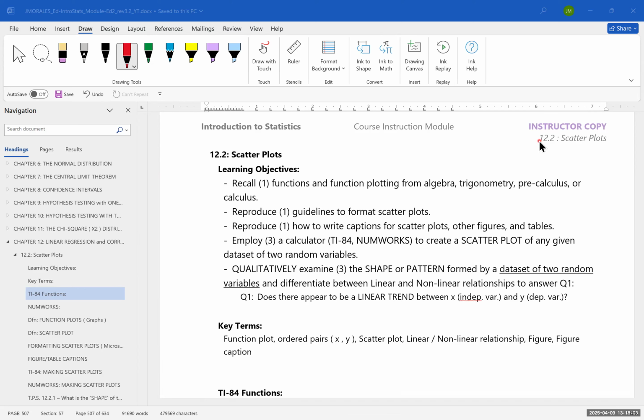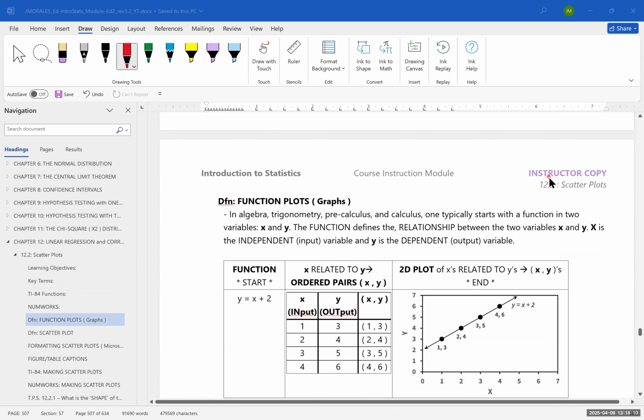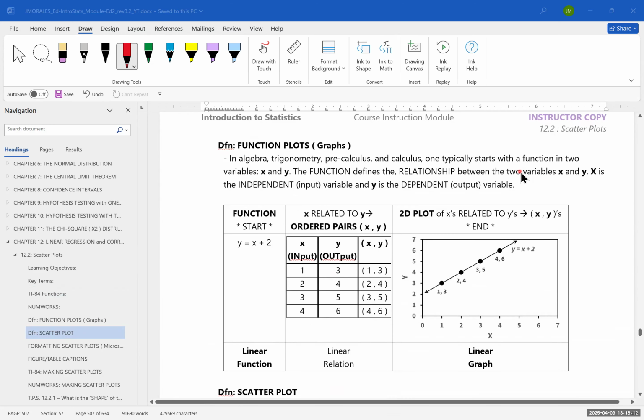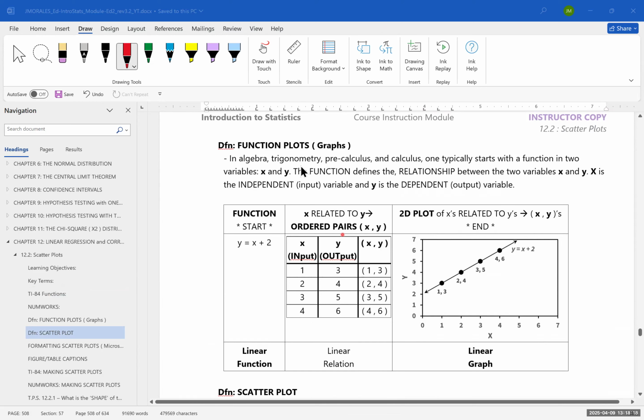So starting with 12.2 in scatter plots, let's look at the definition of function plots, and we'll follow that up with the definition of a scatter plot. A function plot is a little bit of review from algebra. In algebra, trigonometry, pre-calculus, and calculus, one typically starts with a function in two variables, x and y.